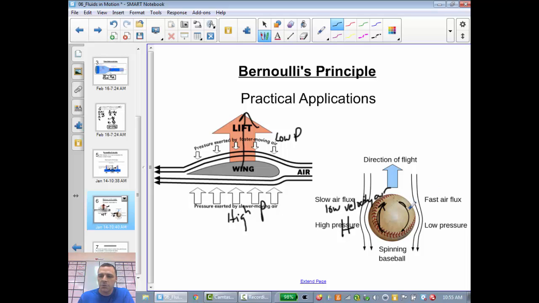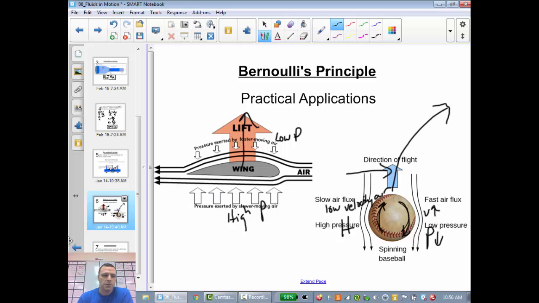And on the side where the spin is moving with the air, we get a higher velocity, which means we get a lower pressure. And that pressure differential causes a force that causes the ball to curve. So a very simple explanation of a curved ball. It has to do with, in part, Bernoulli's principle.